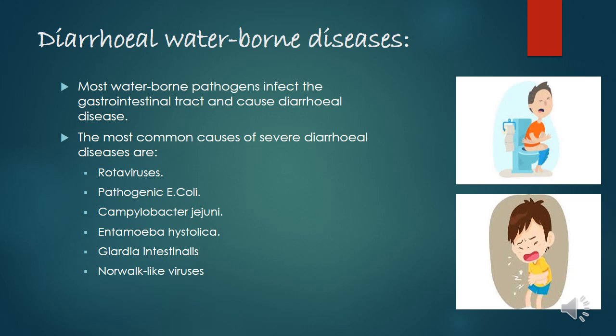The most common causes of severe diarrheal diseases are rotaviruses, pathogenic E. coli, Campylobacter jejuni, Entamoeba histolytica, Giardia intestinalis, and Norwalk-like viruses. These are the pathogens that cause diarrheal waterborne diseases.